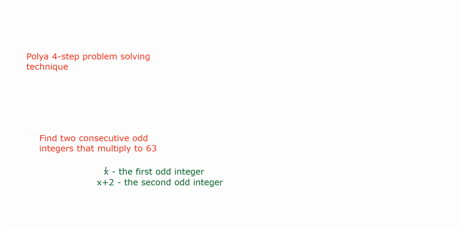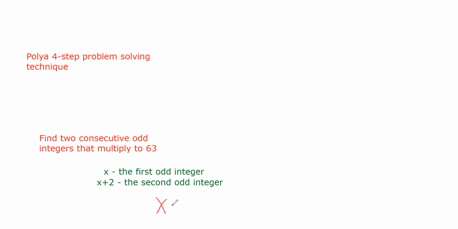And now check it out. I've got both the things I'm trying to figure out, but I only have one variable that I need to solve for between them. And then the equation you set up is how I'm going to utilize the last bit of information. So two consecutive odd integers multiply to 63.